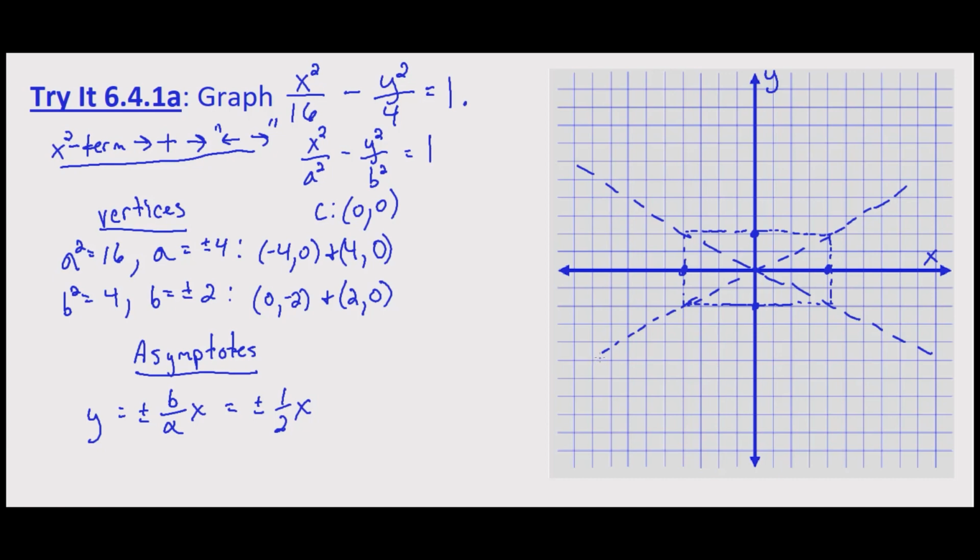So there are our asymptotes. And the hyperbola we know goes left to right, which means those first two points were our vertices. And it opens left and right, and it approaches these asymptotes infinitely in those directions.